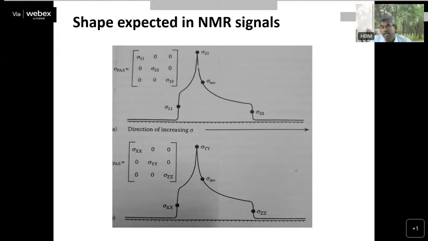But if the interactions between the nuclei are dominated by chemical shift anisotropy or chemical shielding anisotropy, the line shape you get is like this. If you take a static NMR pattern, you will get a line shape like this. Once you get a line shape like this, one can calculate sigma. Sigma you know, delta also you know, very easy.